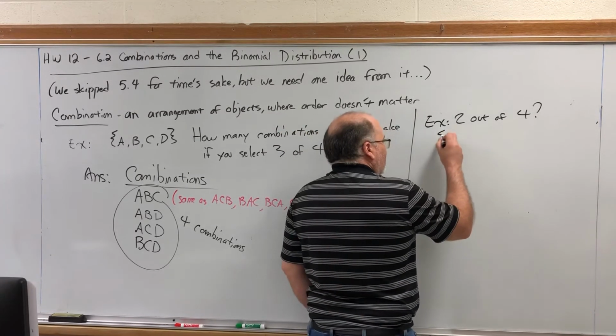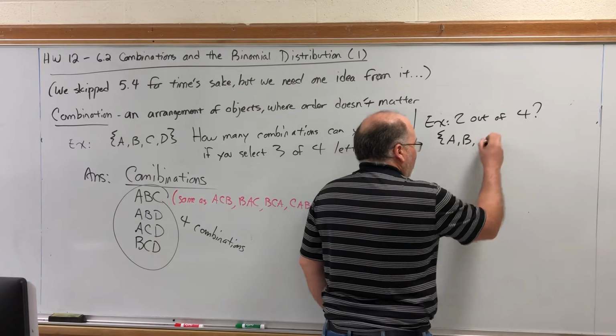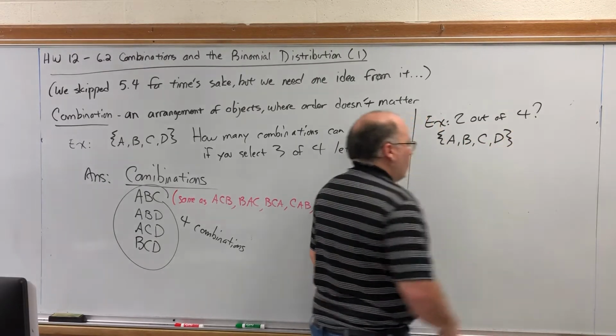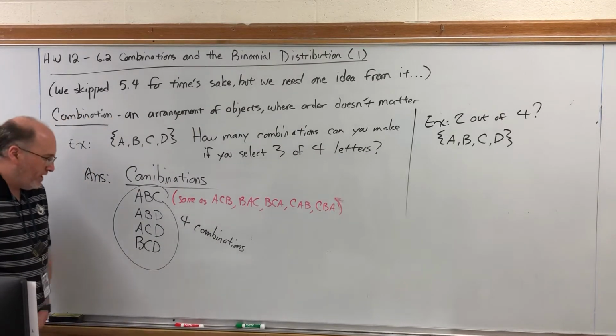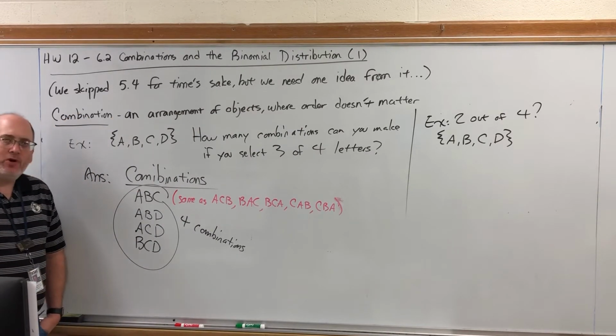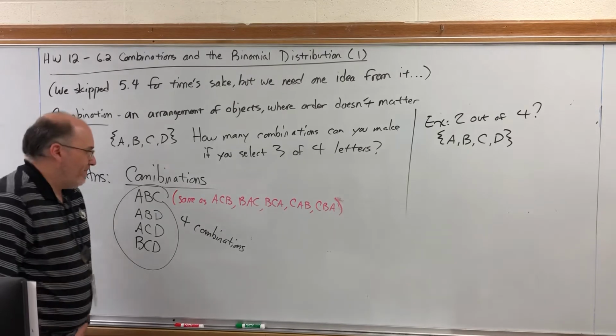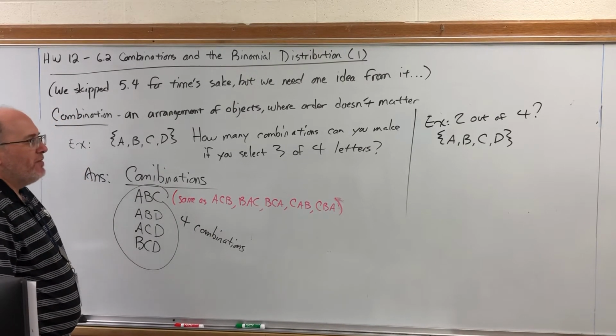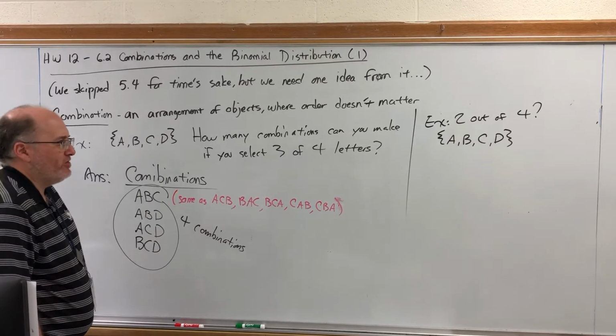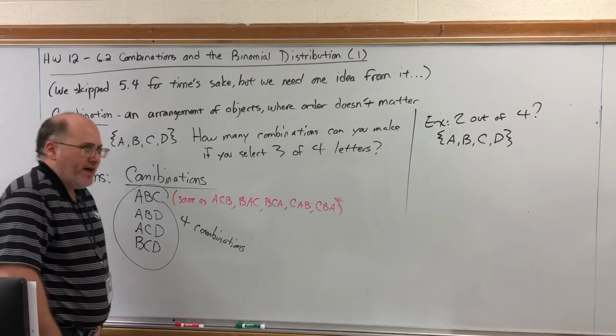Well, let's see if we can do the same thing except only choose 2 of them. Now we're choosing fewer objects, so do you think there would be fewer combinations? Or possibly the same number? Or possibly more combinations? I invite you to pause the video and see how many combinations you can create by choosing 2 of those 4 objects. And remember, order doesn't matter.